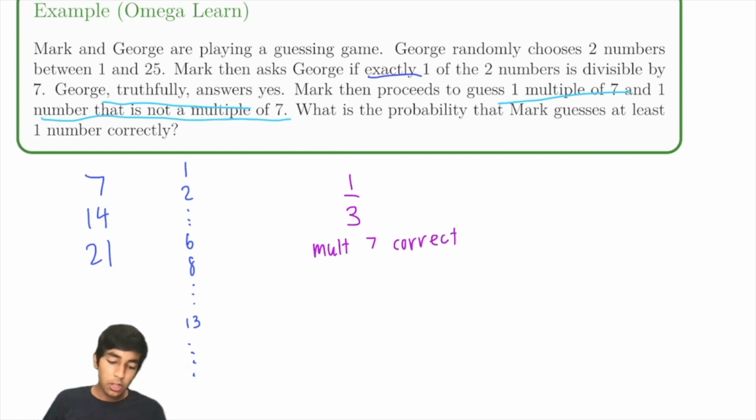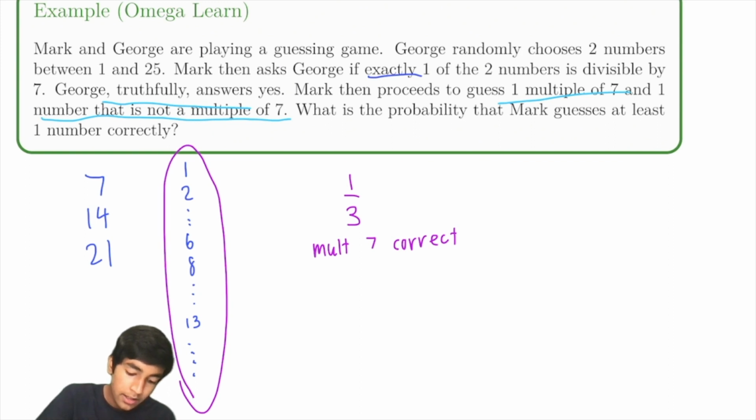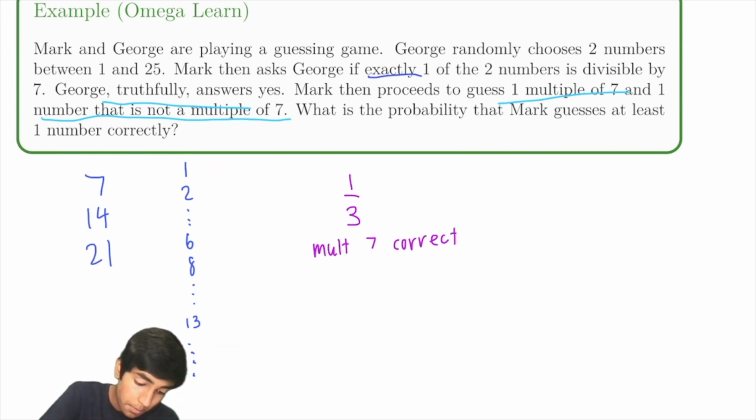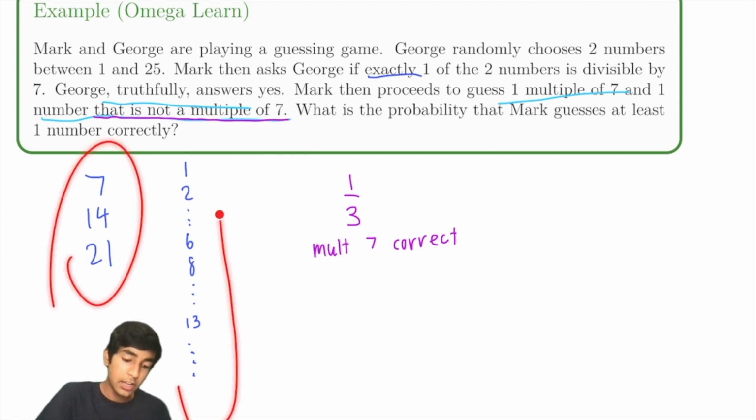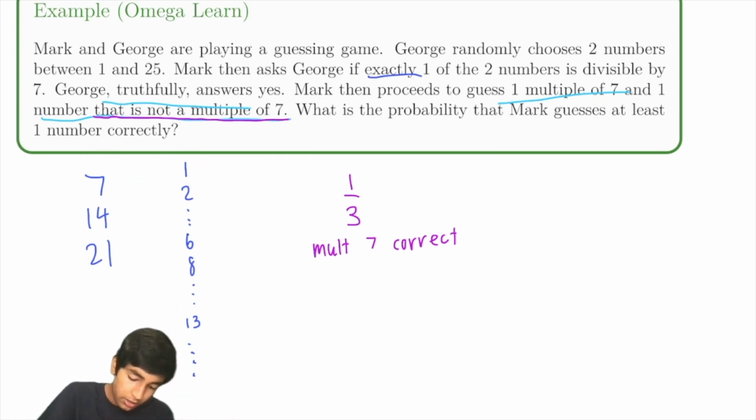Now what's the probability he guesses a number that's not a multiple of 7 correctly? Remember how George must have a number not divisible by 7? And Mark guesses a number that's not divisible by 7. There are 25 numbers. 3 of them are divisible by 7, as we see here. So 25 minus 3, 22 of them are not divisible by 7.